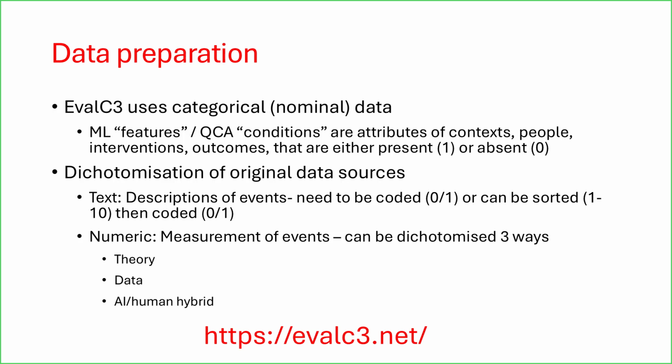With numerical and text data, decisions need to be made about how to dichotomize the cases into two groups, which will be given values of 1 or 0. This can be done using methods which are driven by theory or driven by data. I won't go into the detail of those methods here, but more information can be found on this supporting website shown in red.